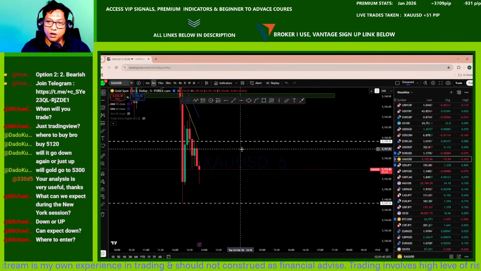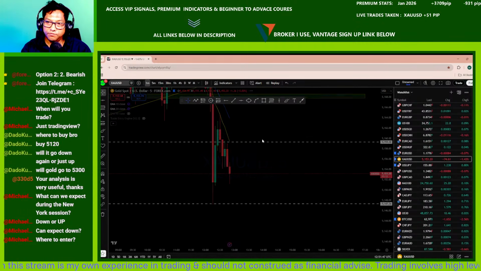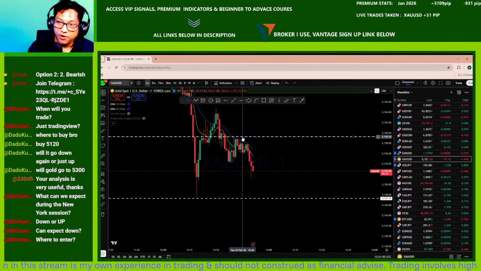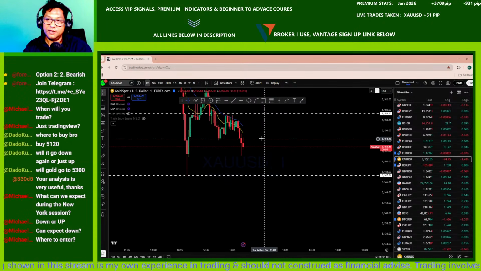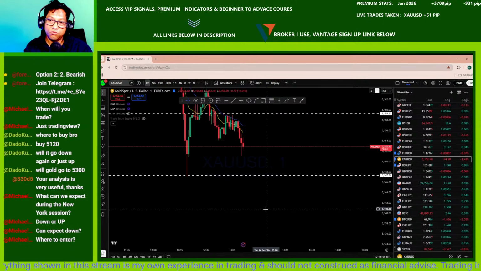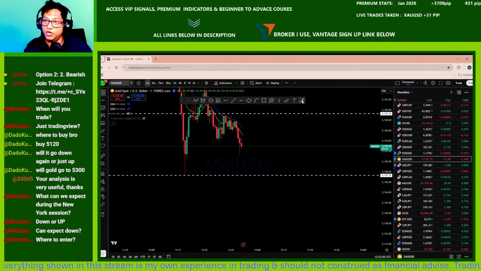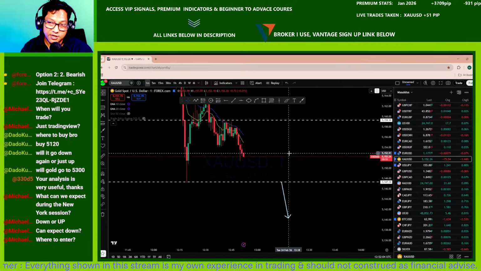This is what we are looking at, this market structure here. And if you look here, from this resistance, there is a break below that, expecting the market to fall down, break below, potentially to create a new lower low. And that's what we are looking at here in this market.